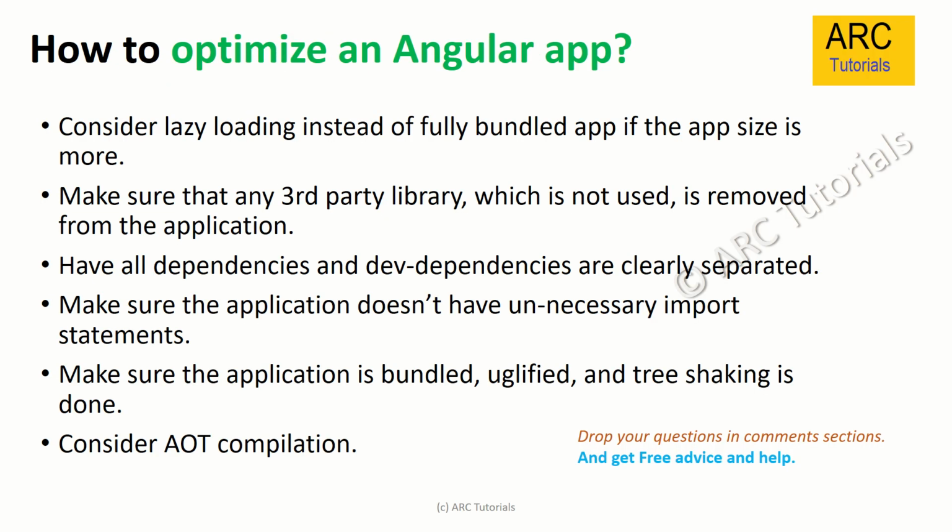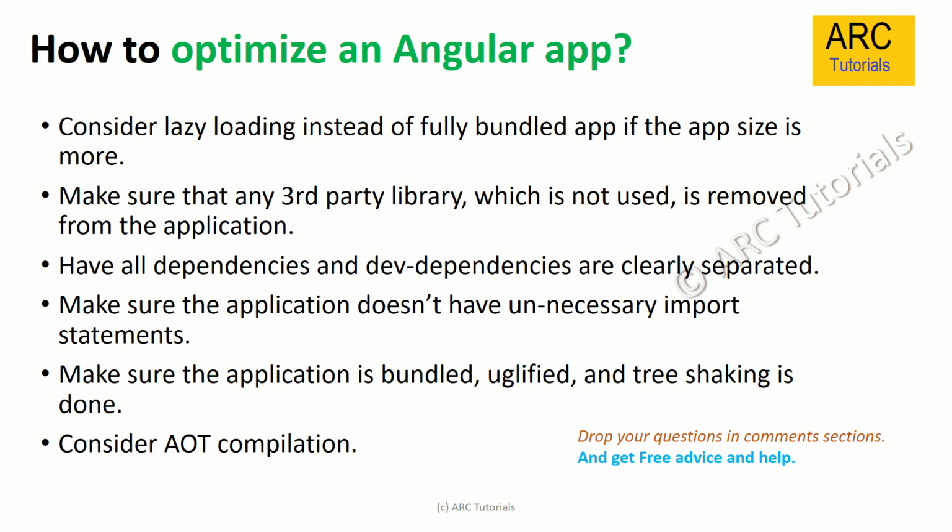This is yet another foundational concept that people ask. How do you optimize an Angular application? It's more generic, it's foundational, and it's important. Consider lazy loading. Lazy loading is only loading the application modules which are required for that particular screen. Make sure that any third-party library which is not used is removed from the application.